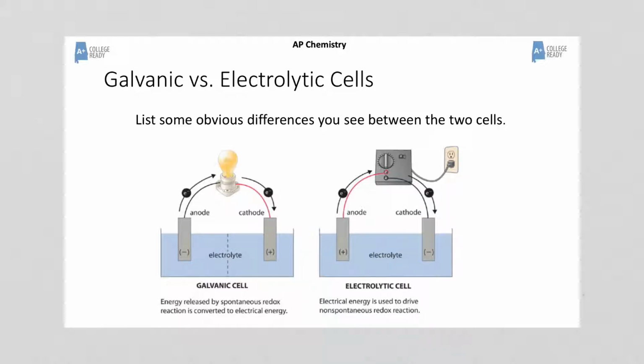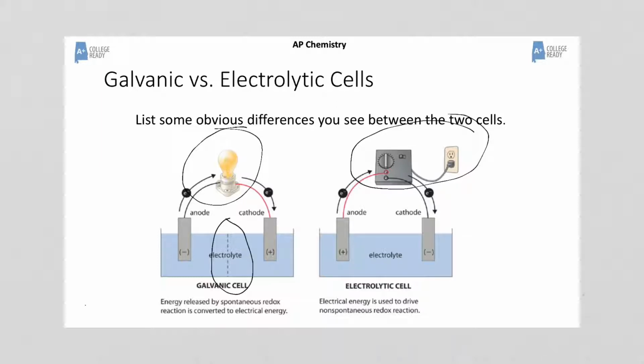I think most students notice first off that here with the galvanic cell, we have this light bulb, and over here with the electrolytic cell, you have some kind of power source. There's some energy being plugged in. So I think that's obvious. A lot of times, this is supposed to designate a salt bridge, and as you notice, there's no salt bridge in the electrolytic cell.